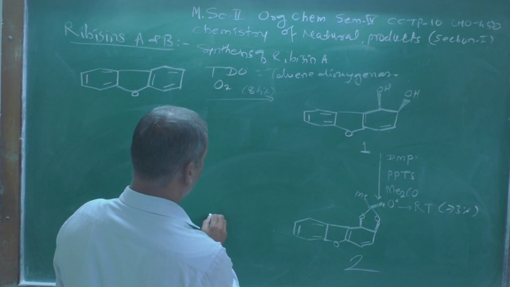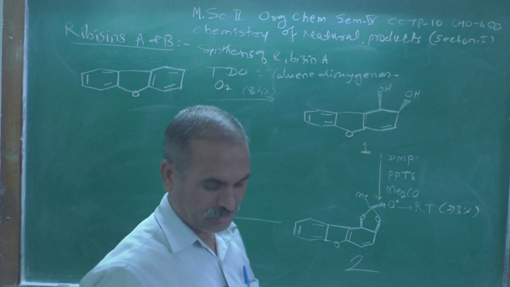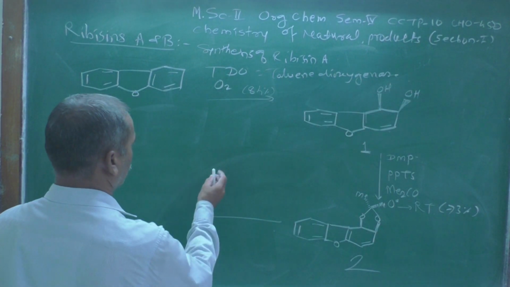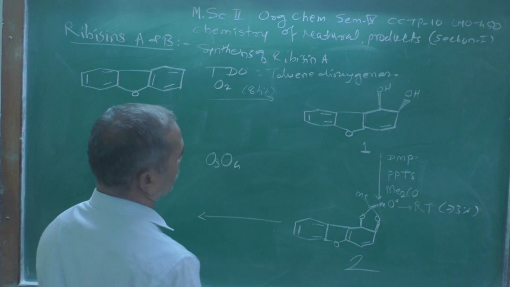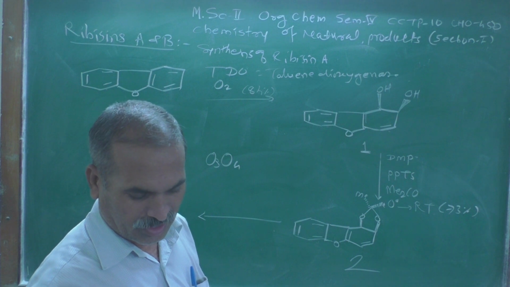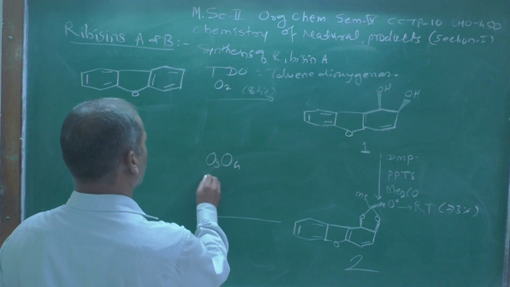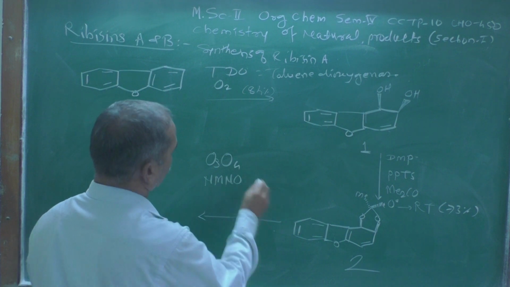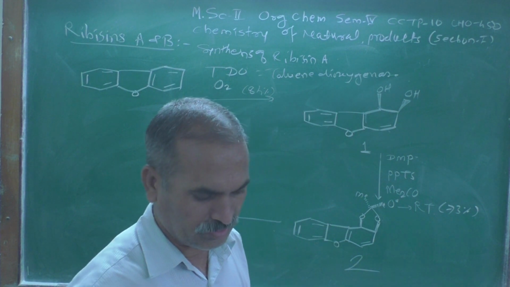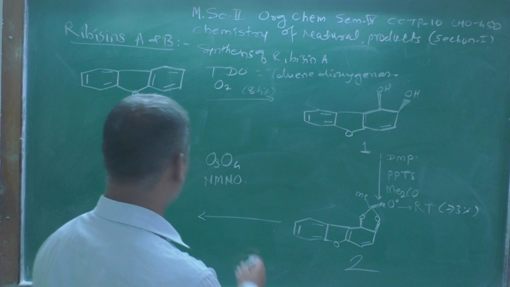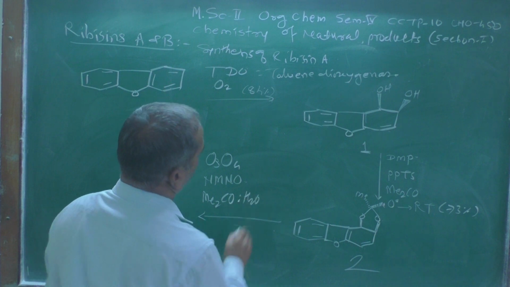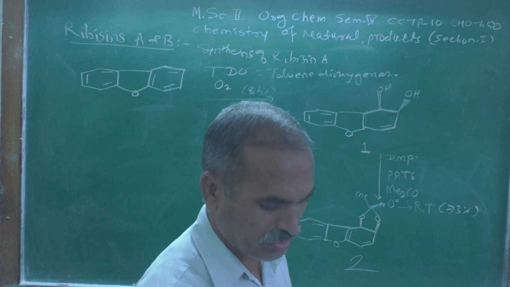From 2, we will get structure number 3, and what will that be? The first reagent is OsO4, osmium tetroxide, which as we know is one of the oxidizing reagents, and the second one is NMO, N-methylmorpholine N-oxide, in acetone once again, Me2CO as well as water.